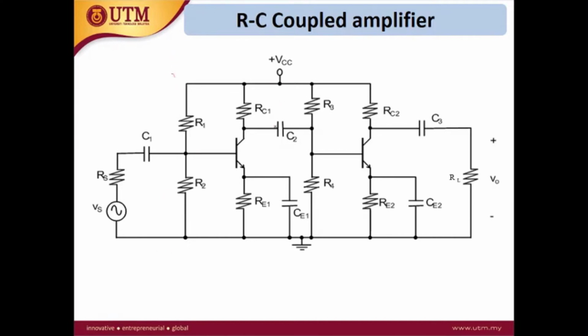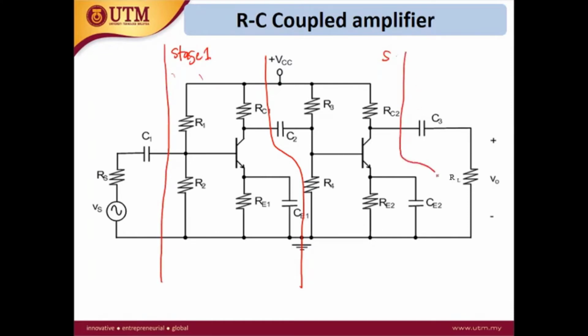This is stage 1, and this is stage 2. Stage 1 is a BJT common emitter, and stage 2 is also a BJT common emitter.